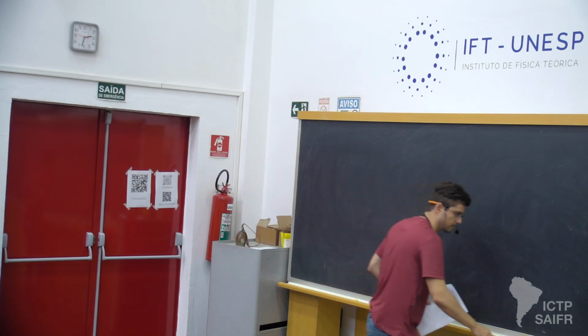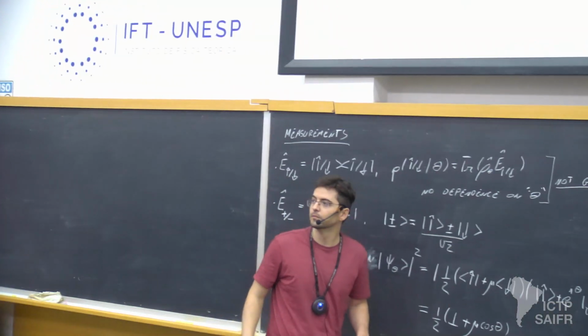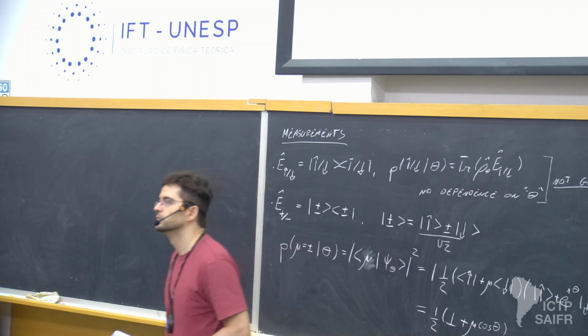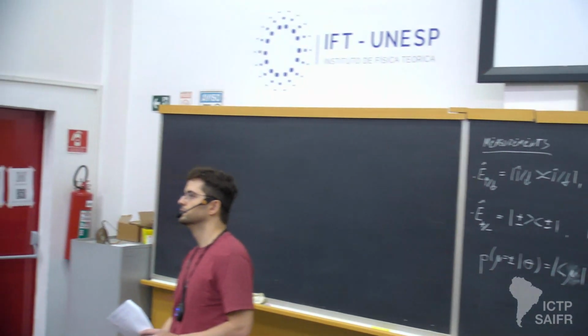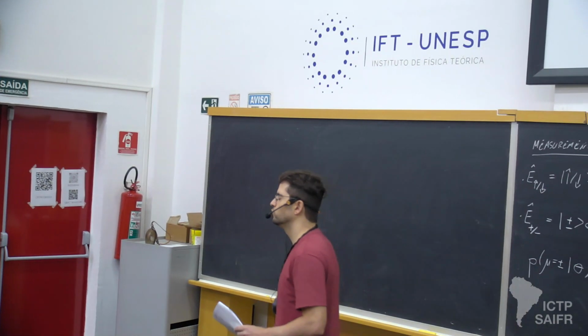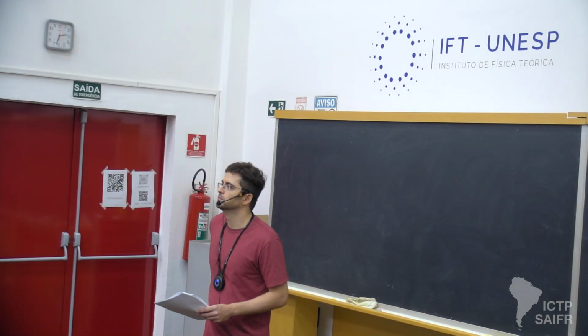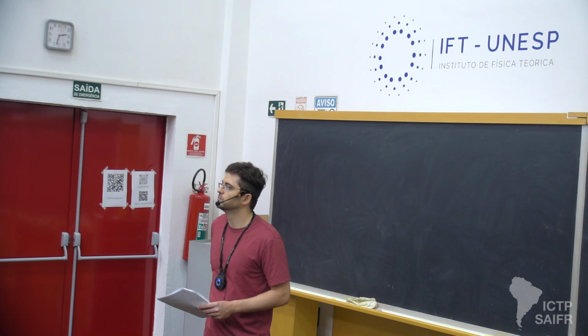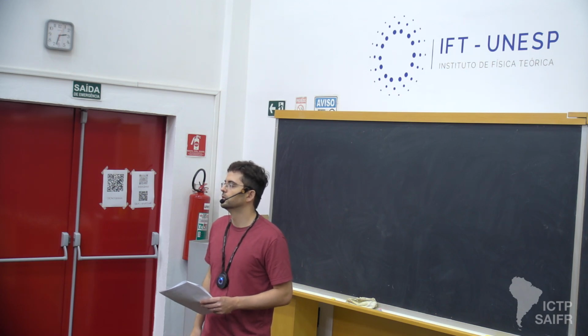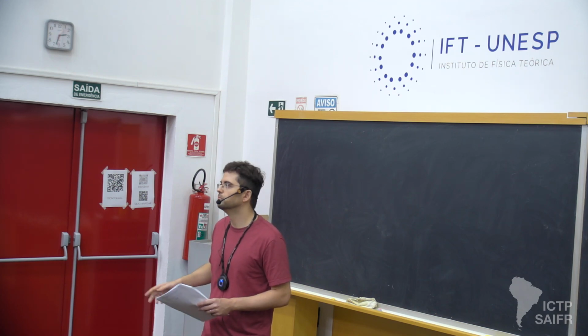Yes? In this particular example, how would you make the measurement? So you're going to measure the projection of the spin along the x direction, and then you repeat that many, many times.